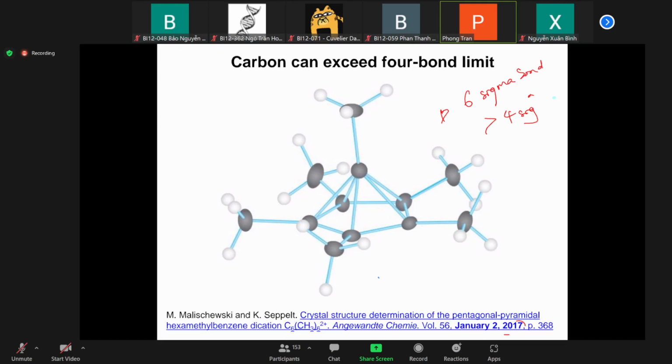Can anyone in this class imagine how, with 4 electrons in the valence shell, the carbon can generate 6 totally equal sigma bonds? Can anyone imagine how we can do this?